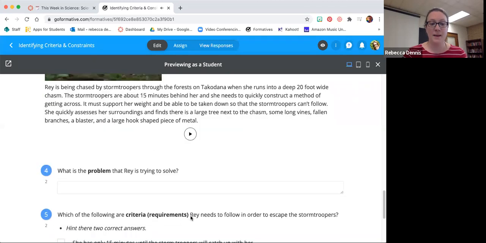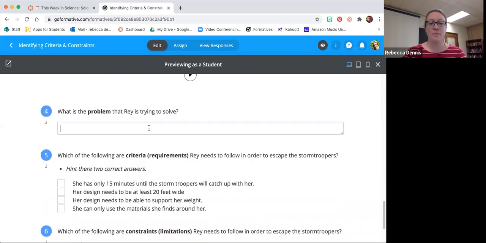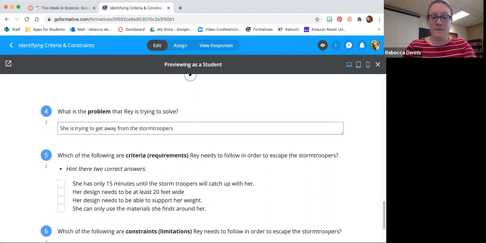Okay. So again, what is our problem that Rei is trying to solve? Well, first of all, she's trying to get away from the stormtroopers, right? But there's a second part to that problem too, the thing that actually is making her have to build something.